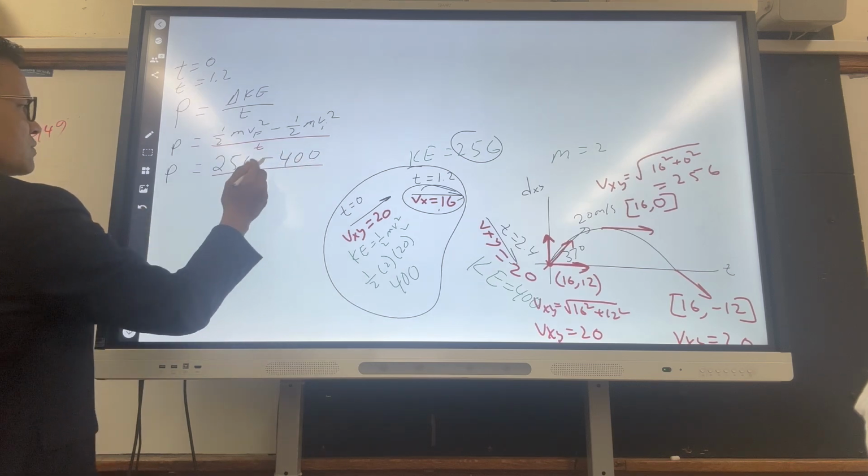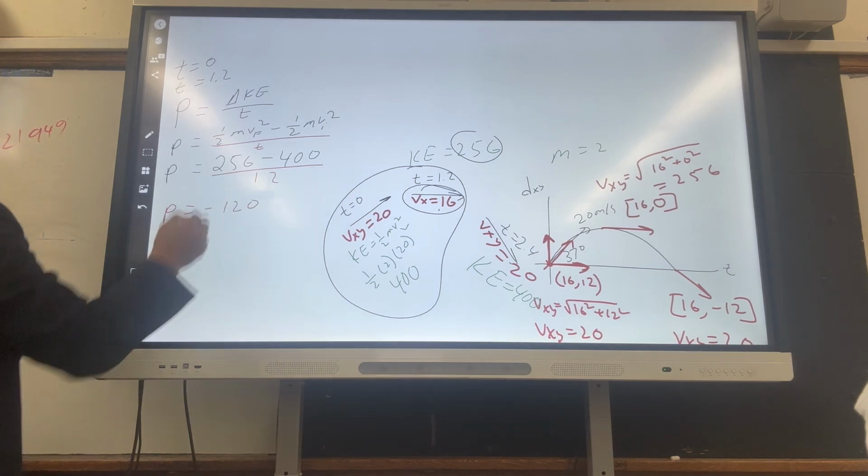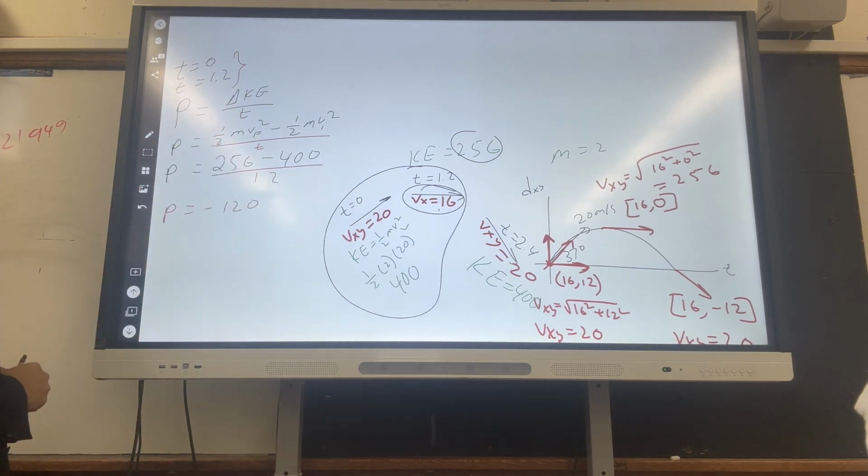T is 1.2, so the power is negative 120 from 0 to 1.2.